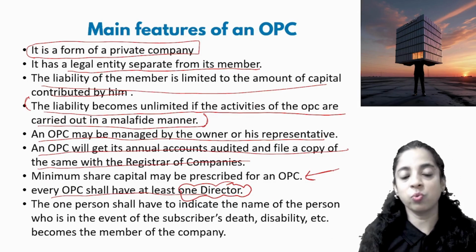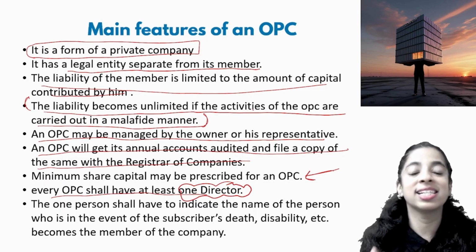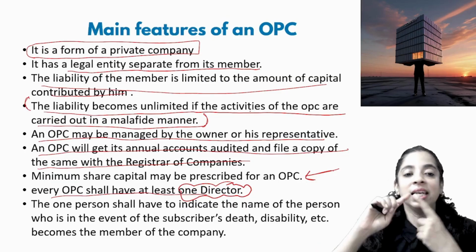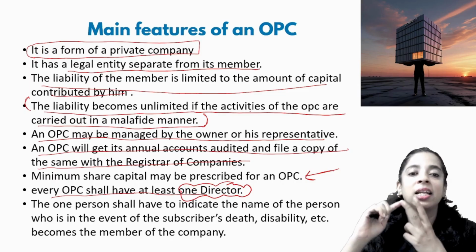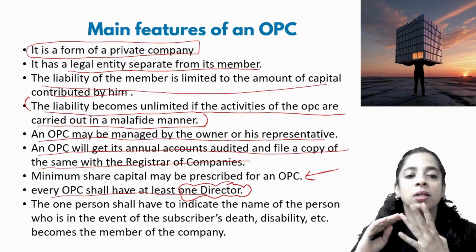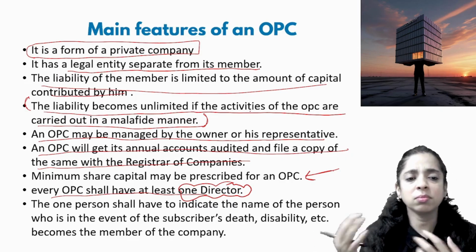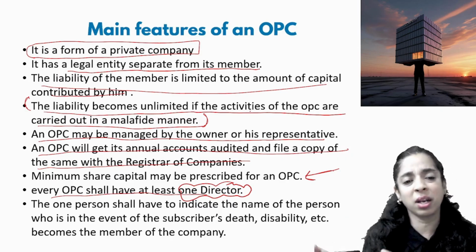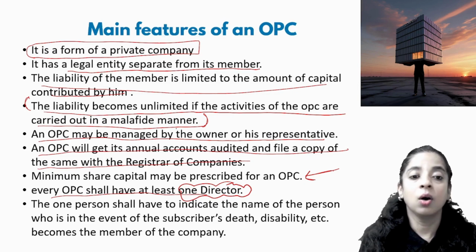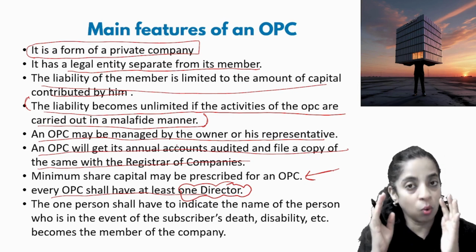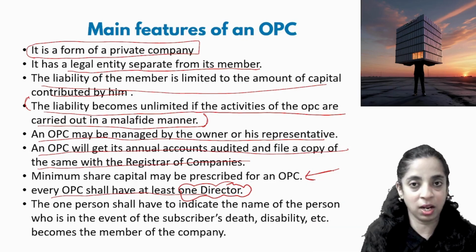So the basic points you have to remember here: it is a form of a private company. It has a separate legal entity. Liability is limited. It becomes unlimited if it is carried out in a wrong manner, a modified manner, in which cheating happens and all. So at that time liability becomes unlimited. An OPC may be managed by the owner or the representative of that owner.